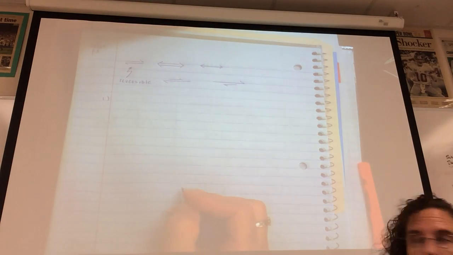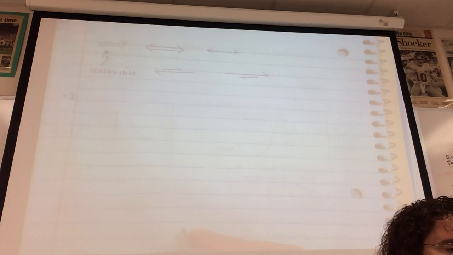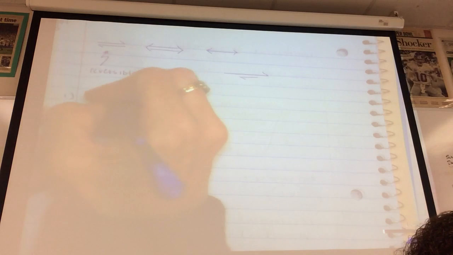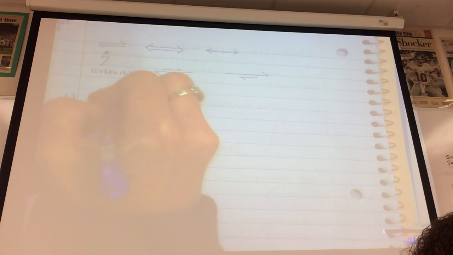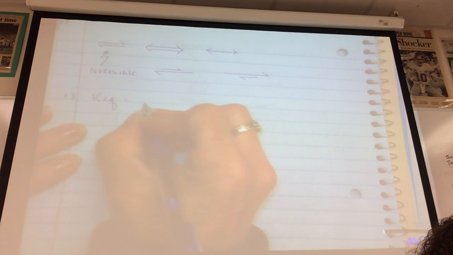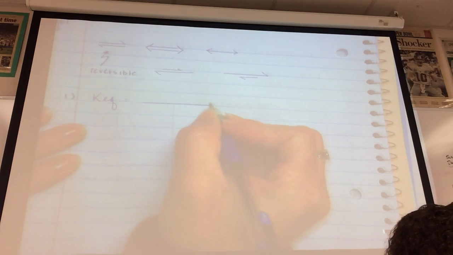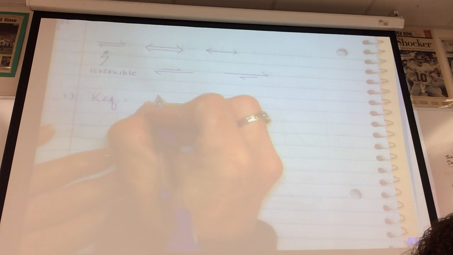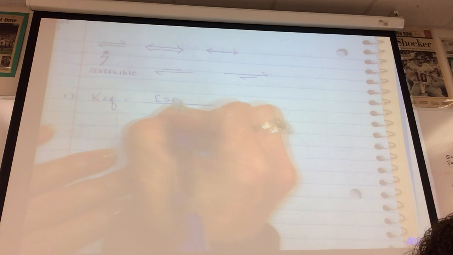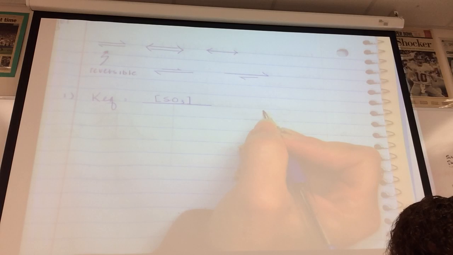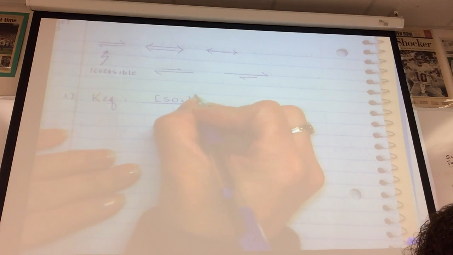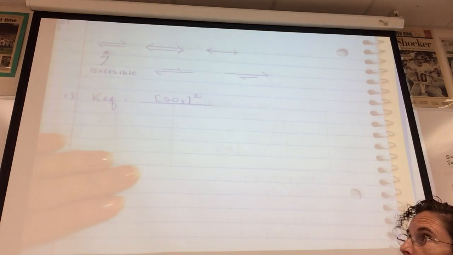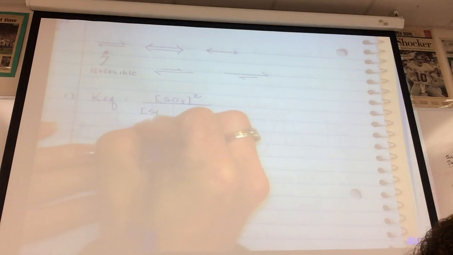So what we've got here, we write KEQ, products on top. The product is sulfur trioxide. You put it in the brackets because that represents the concentration of, and you raise it to its coefficient over reactant concentration.